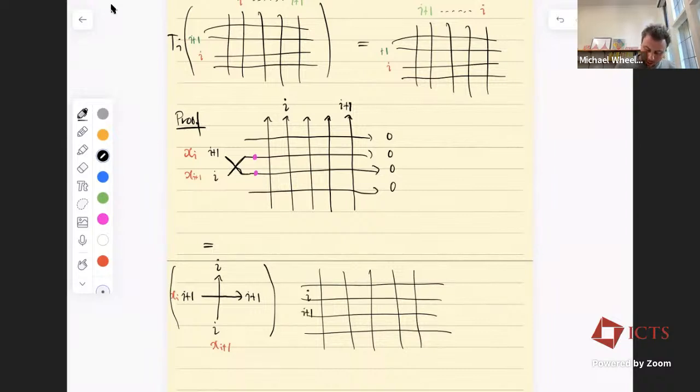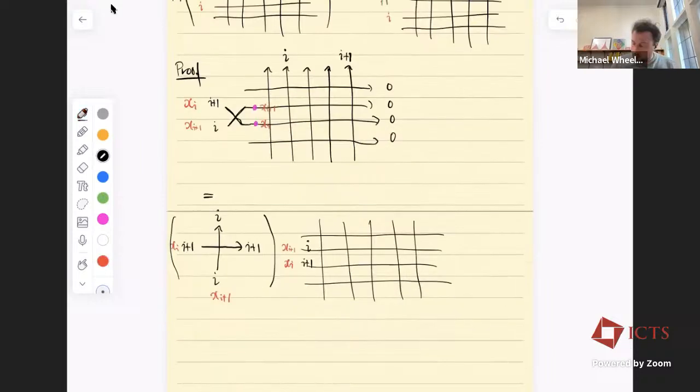And furthermore, this spectral parameter here is x_i, and this is x_{i+1}. Notice that the spectral parameters switch when they go through the vertex. So this becomes x_i, this becomes x_{i+1}. Okay, so I have that.